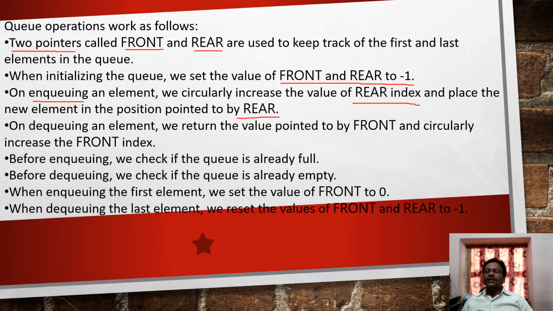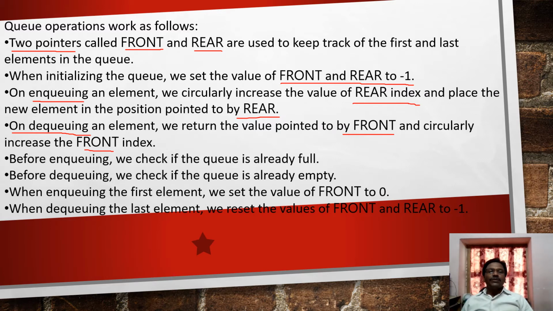On dequeuing an element, return the value pointed to by front and circularly increase the front index. The same way as in a normal queue.